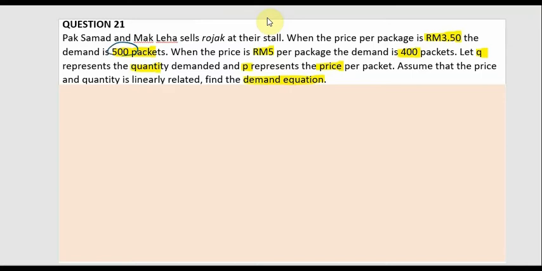So kita keluarkan maklumat pertama. So kita ada quantity yang pertama adalah 500. Then, okay, harga RM3.5. So the first price here is 3.5. Then the second quantity 400. Okay, so second quantity 400 and the second price given by 5.